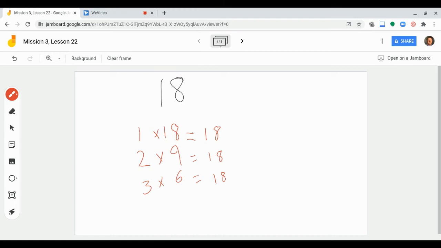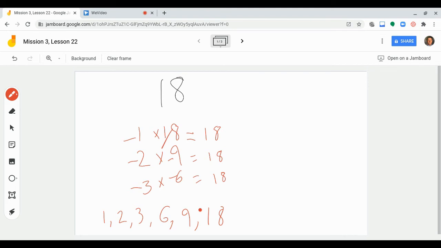So my factors of 18, all I'm going to do is label the numbers I used and list them. Well, I used 1, 2, and 3, listing them from least to greatest. And then I used 6, and I used 9, and I used 18.